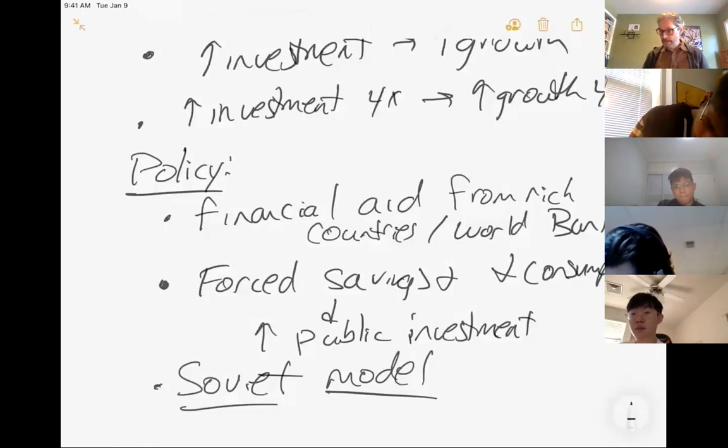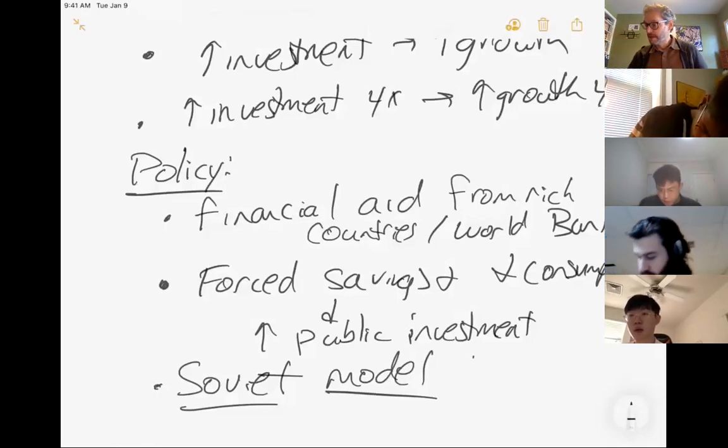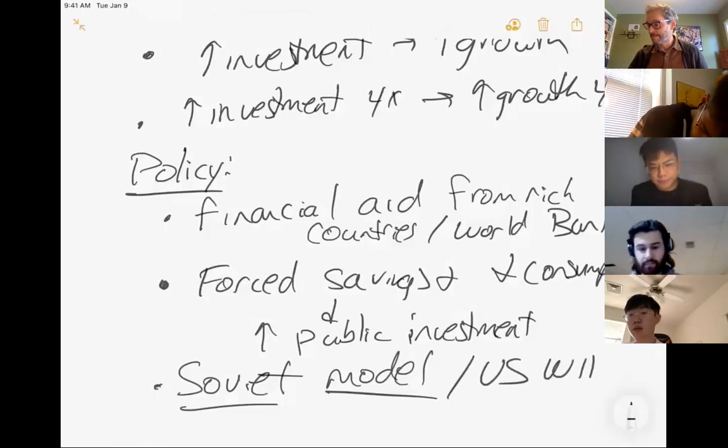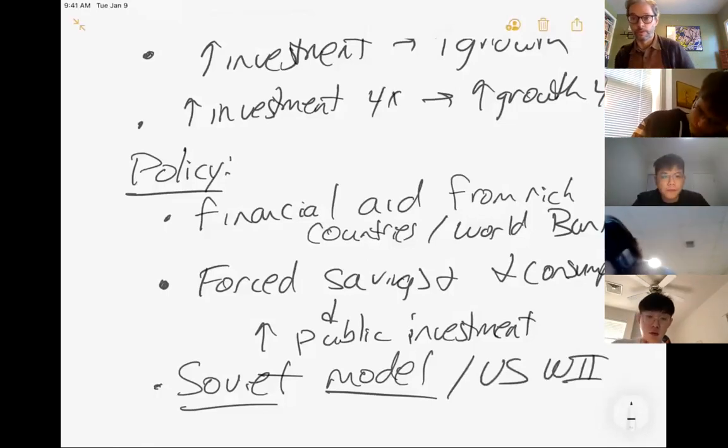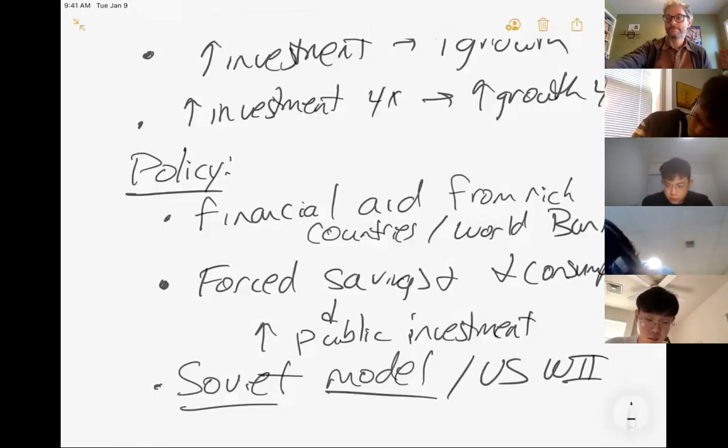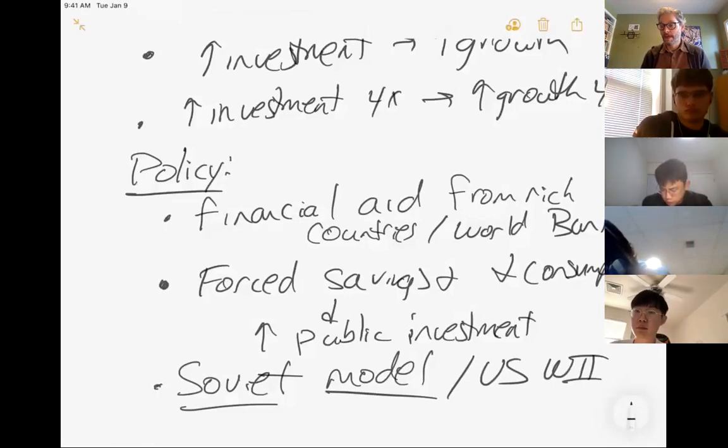The Soviet Union did this for years and years. The US and many other countries did this during World War II. And so here the idea was, no, we don't want people spending on consumer goods or higher quality food or whatever. We just need to build investment, invest, right?